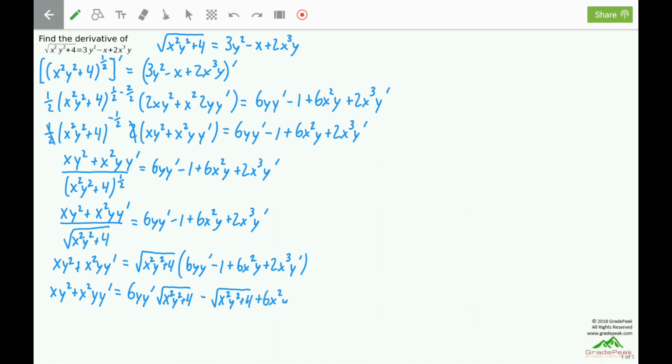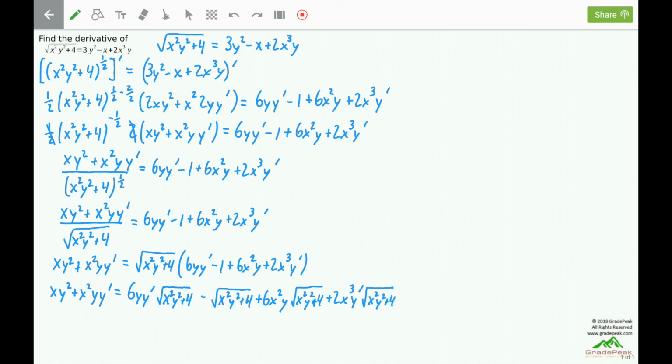The 6x squared y can stay out front, the same square root, and the 2x cubed y prime can stay out front, and once again the same square root.